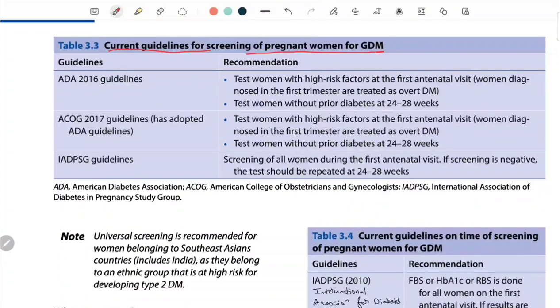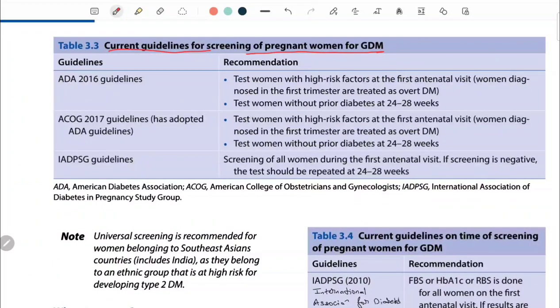Then ACOG, American College of Obstetricians and Gynecologists guidelines. And IADPSG, which stands for International Association of Diabetes in Pregnancy Study Groups.